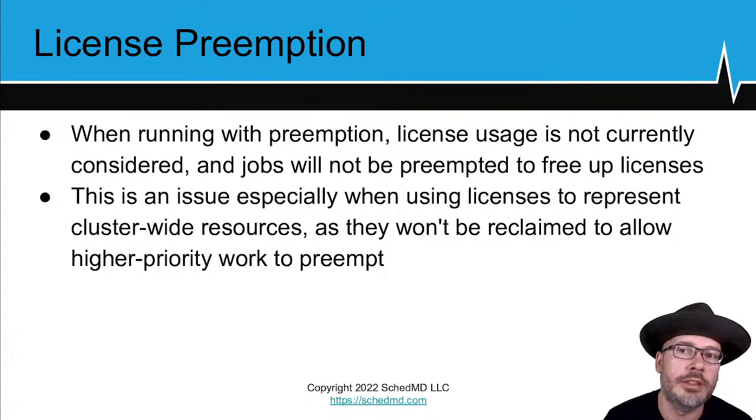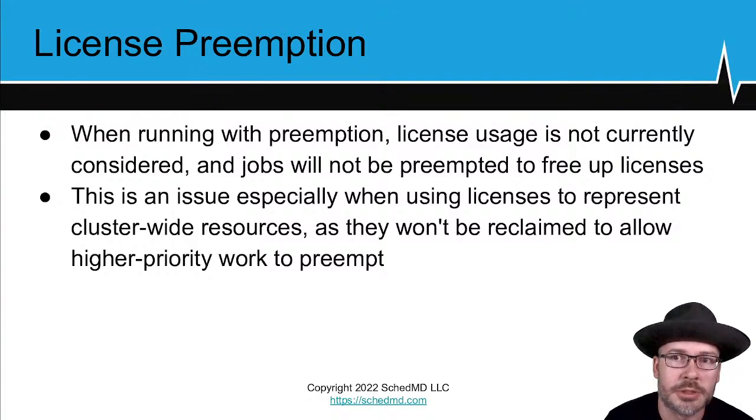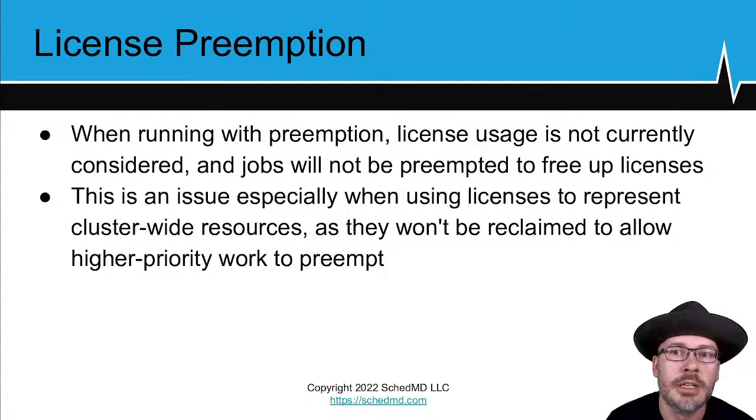It does not have a way to go and identify target jobs to preempt to try to reclaim their licenses from them. So for the 23.02 release, this is something we're exploring and should have in there. Especially we found for systems that are using those licenses to model not just software licenses, but other cluster resources, this is kind of critical to keeping that system behaving as people expect.